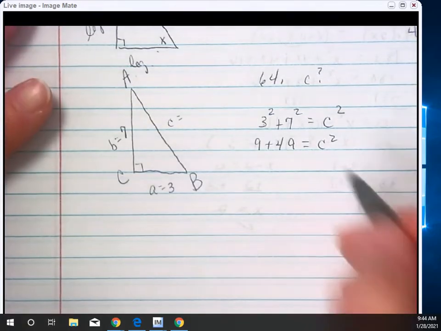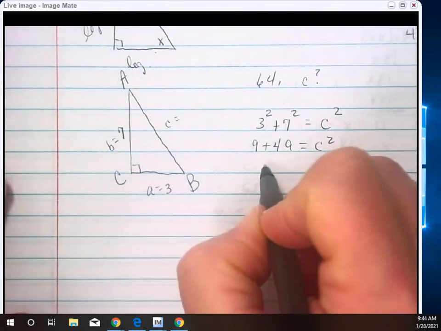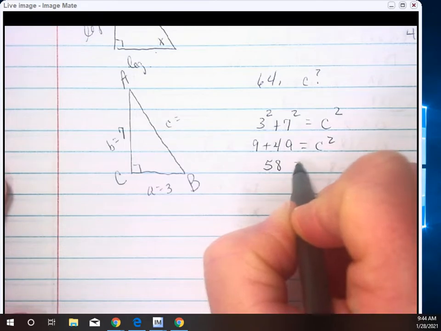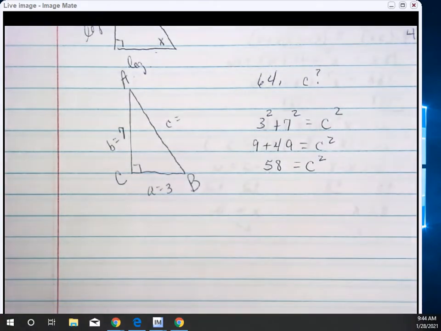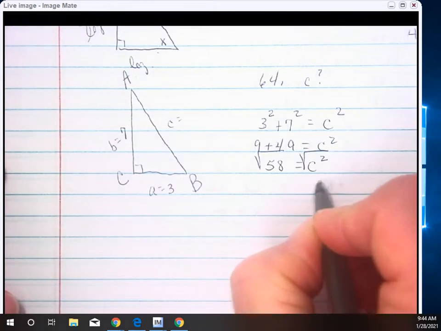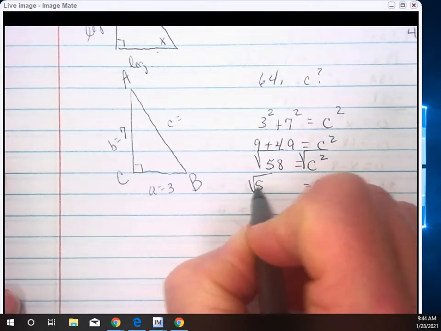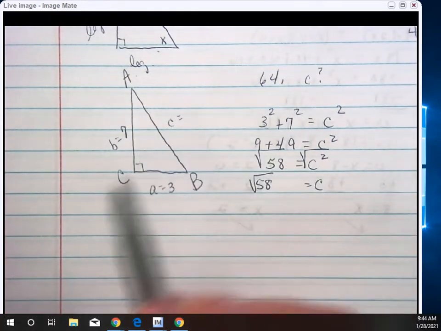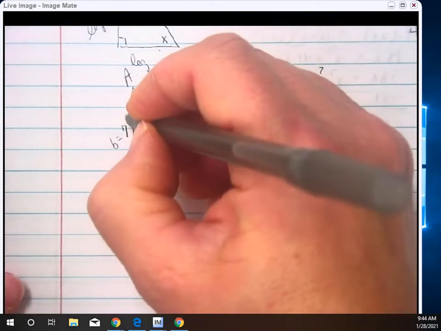49 plus 9 is 58. Now, when we are looking at 58, there's not a perfect square when we take that square root. So c is the square root of 58. And on 64, these were measured in meters.